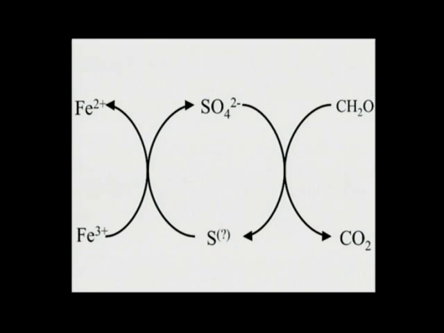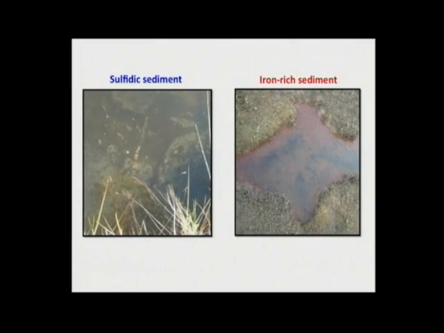Now this cycle has to be complete, because we don't see a change in the sulfate concentration, and we also don't see a change in the sulfur isotopes, which means that we need to have 100% oxidation of whatever is being produced here.